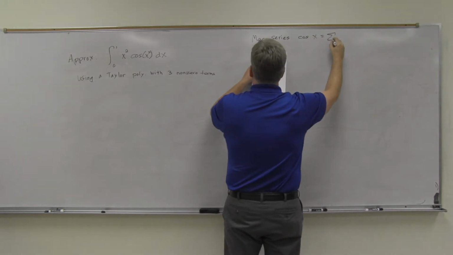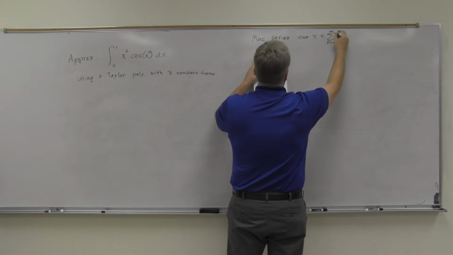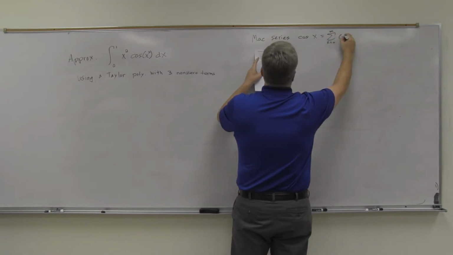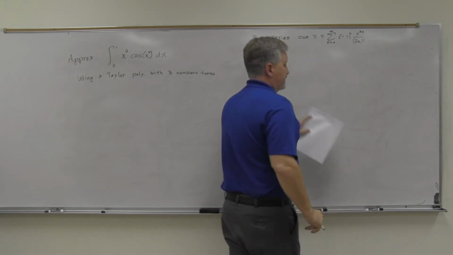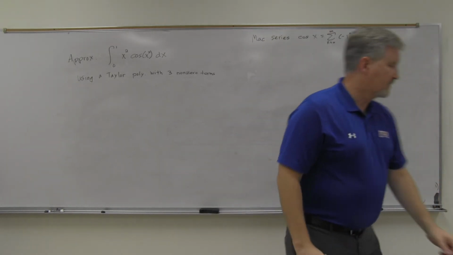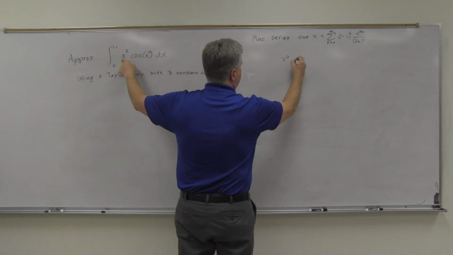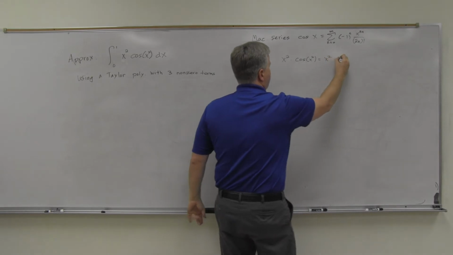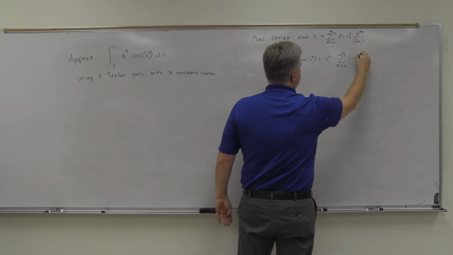It's summation n equals 0 to infinity, negative 1 to the n, x to the 2n over 2n factorial. Well, so x squared cosine of x squared, Maclaurin series would be x squared times summation n equals 0 to infinity negative 1 to the n.